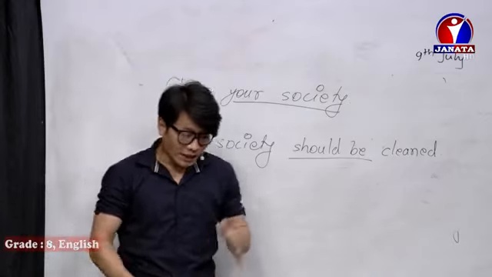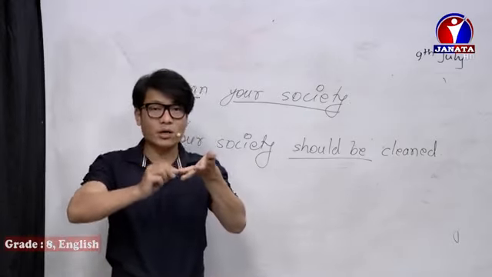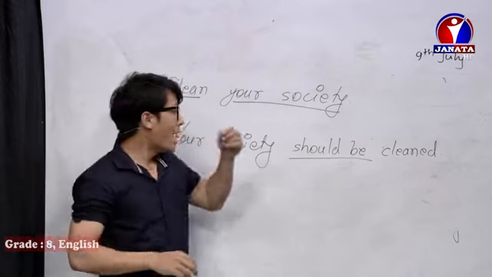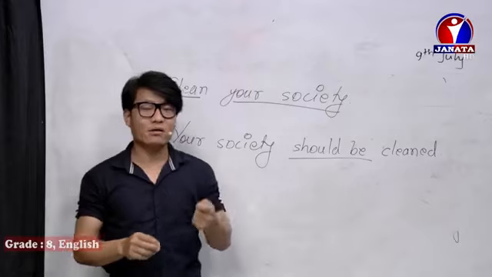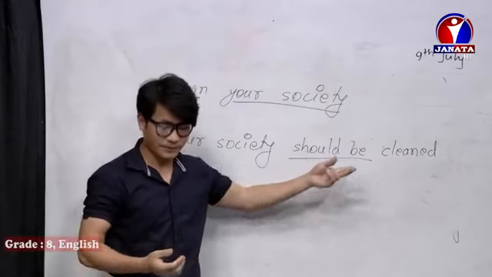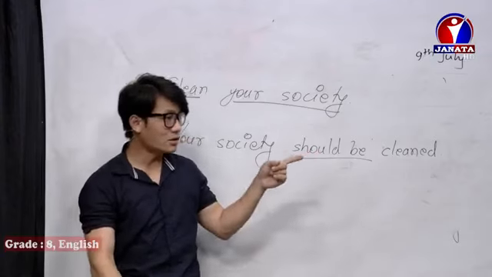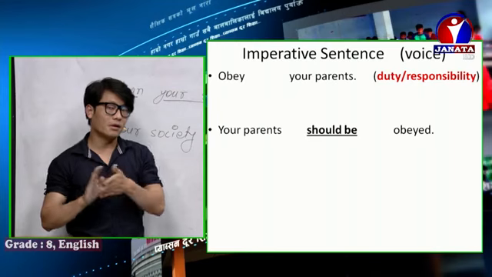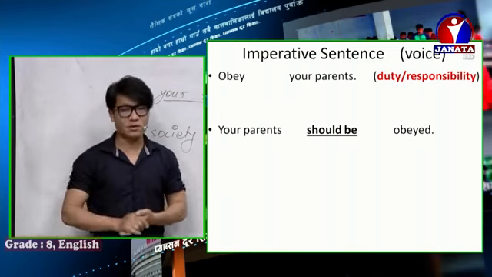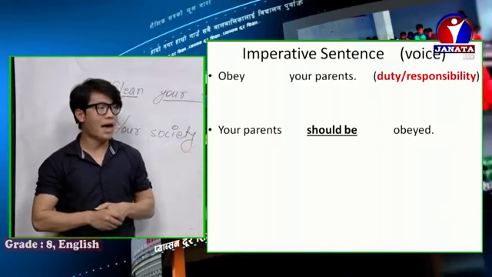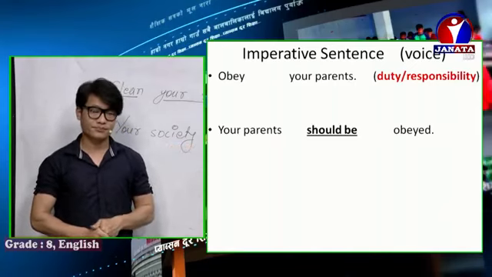When the imperative sentence talks about a request, we use "you are requested to." When it talks about duty and responsibility, we use "should be." You can also see on your screen: Obey your parents. Obeying our parents is our duty, so your parents should be obeyed.